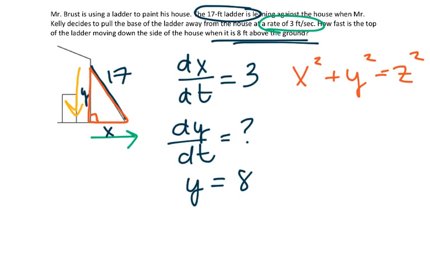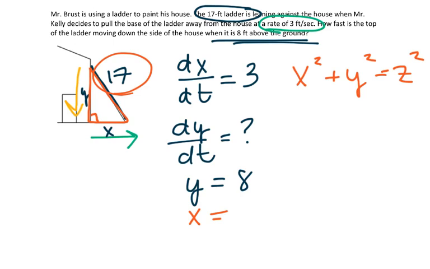When y is 8, we want to know dy/dt. Well, we also have dx/dt here, so we're going to need to know what x is. So let's just find x. We know z is 17, the length of the ladder, and that is never going to change. The length of the ladder is always going to be 17 feet.